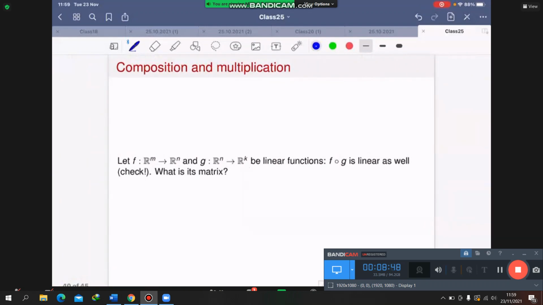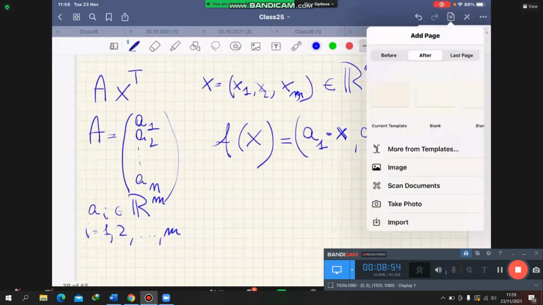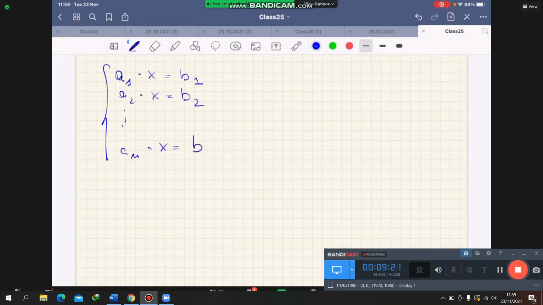And why is this important? Because this way we can represent my linear system a1 scalar product x equal b1, a2 scalar product x equal b2, ..., am scalar product x equal bm as what?